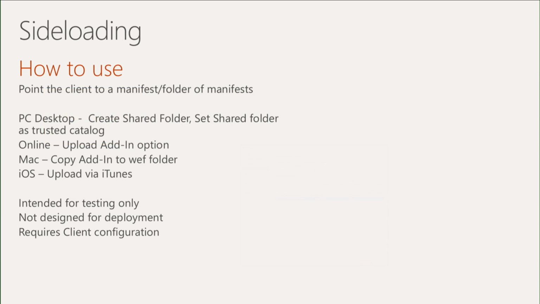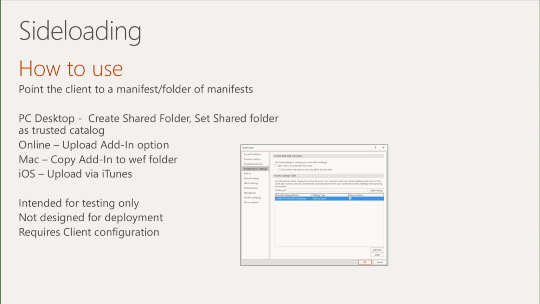So sideloading. The way to think about sideloading is it's telling the Office client app to look at a specific manifest or a folder of manifests. Either way, it's really the same thing. Each platform does it slightly differently because each platform is slightly different. So the picture there is for the PC desktop.